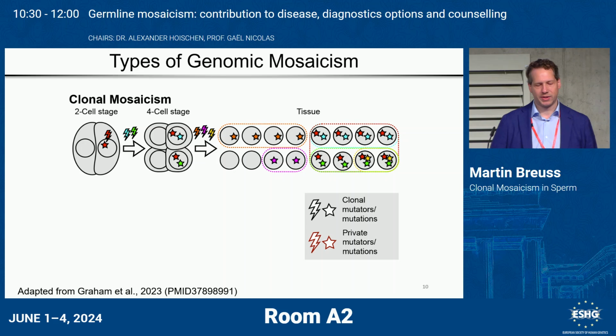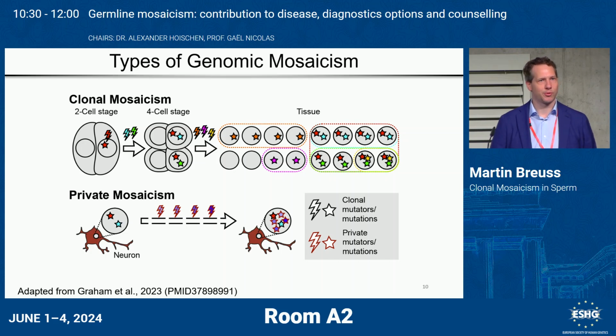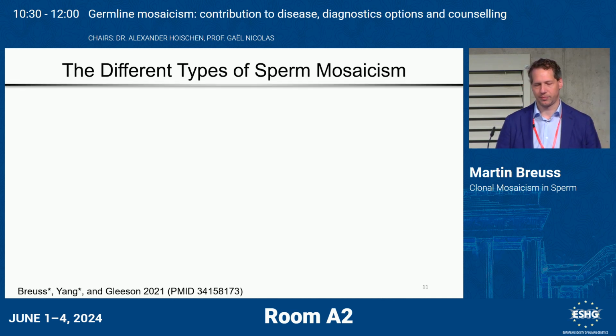In contrast to this, once we have a postmitotic cell, here illustrated by a beautiful postmitotic neuron that is not proliferating anymore, you can accumulate aging mosaic mutations over time, or private mosaicism. For our purpose, we are interested only in these clonal mosaic events that are also called developmental mosaicism, that are happening early on and then get fixed in a larger number of cells.